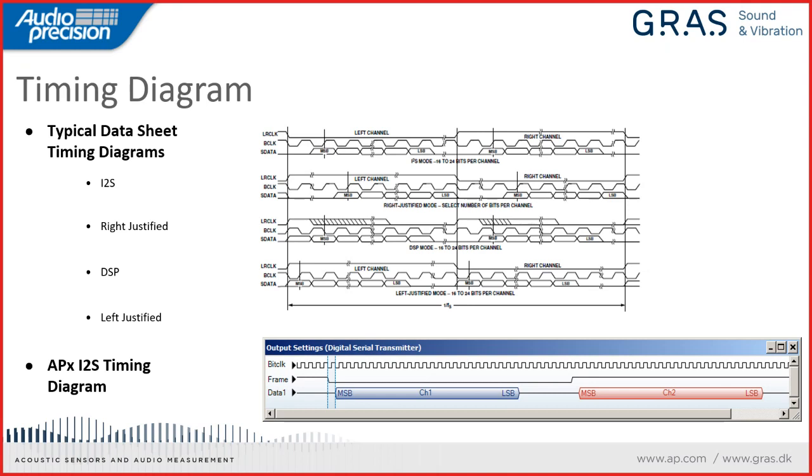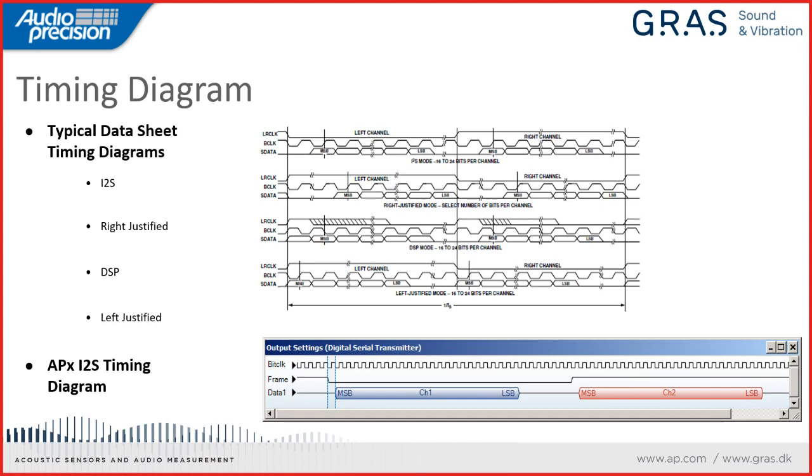And we've sort of come to understand some very common formats, I²S being by far the most common, but you'll also see references to right justified or left justified or DSP mode. Frankly, these interfaces are all at a physical layer very similar to each other. They're typically a 3-wire interface. There's a bit clock.